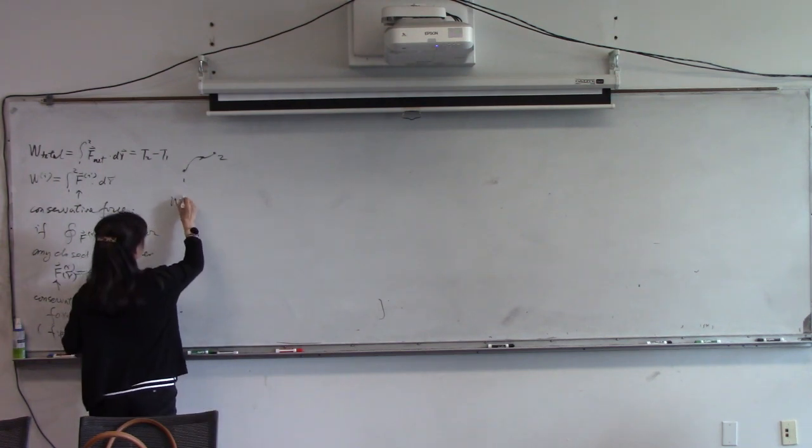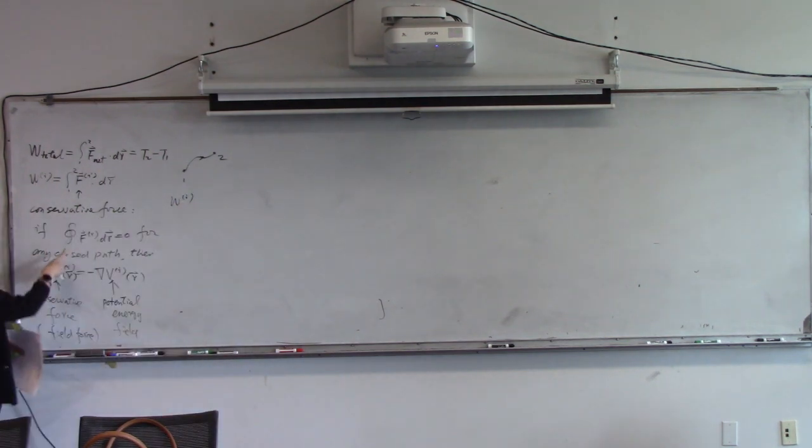Then the work done, of course, for a closed path is 0. Since it's a function that does not depend on the path, only on the initial and final position, for the closed path everything is equal to 0.